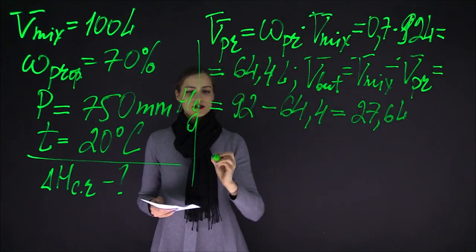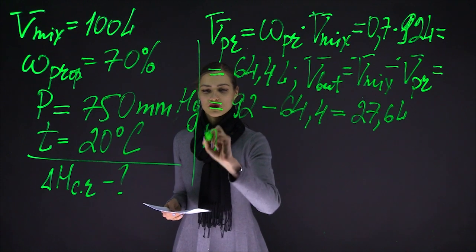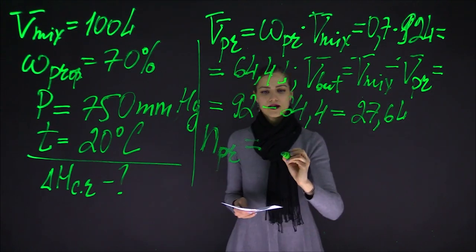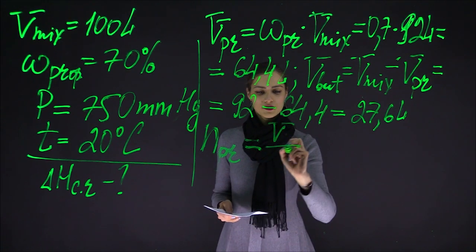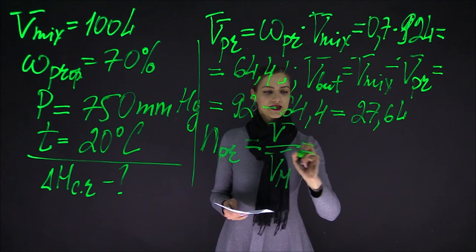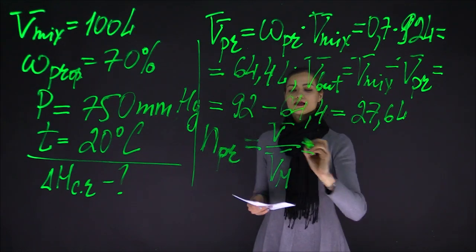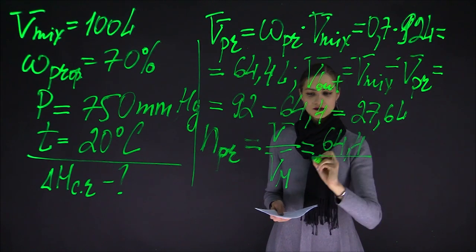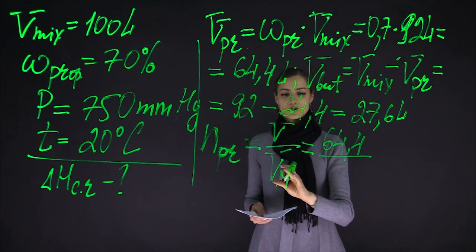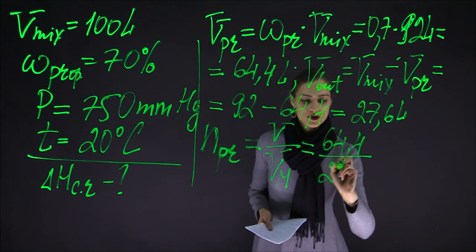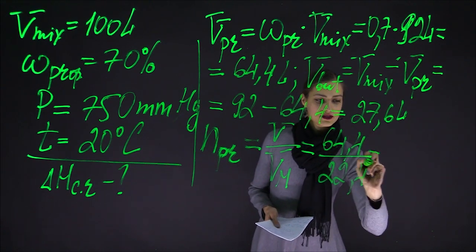Now let's calculate the number of moles for both gases. So for propane, volume over molar volume, and it equals 64.4. The molar volume of all gases and vapors in normal conditions is 22.4 liters.